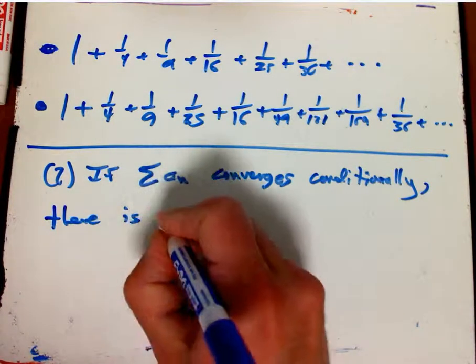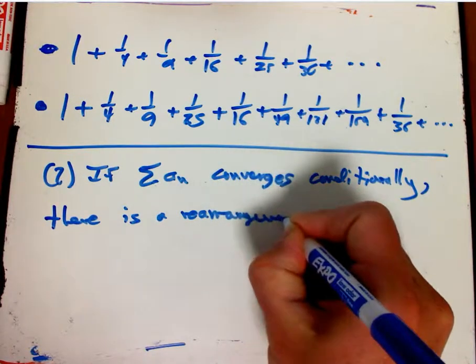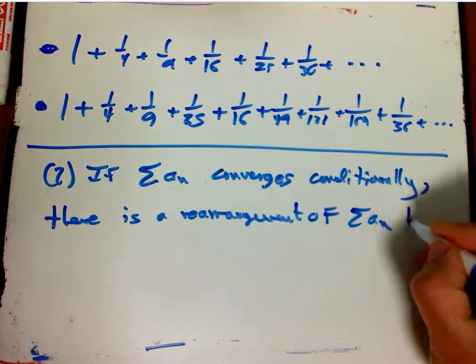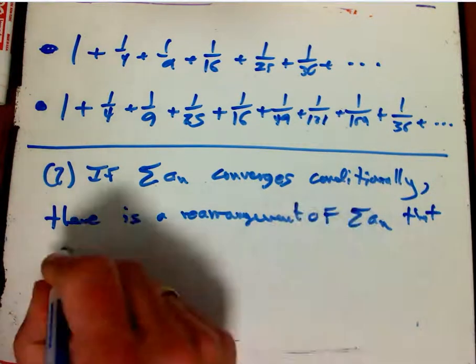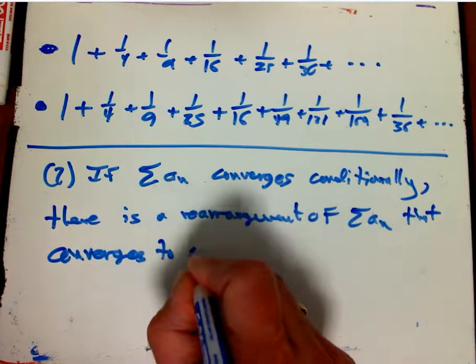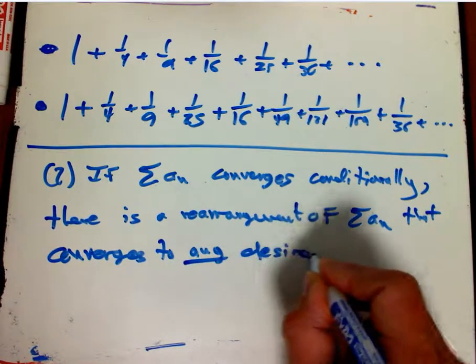There is a rearrangement of this series, same terms but different order, that converges to any desired number.